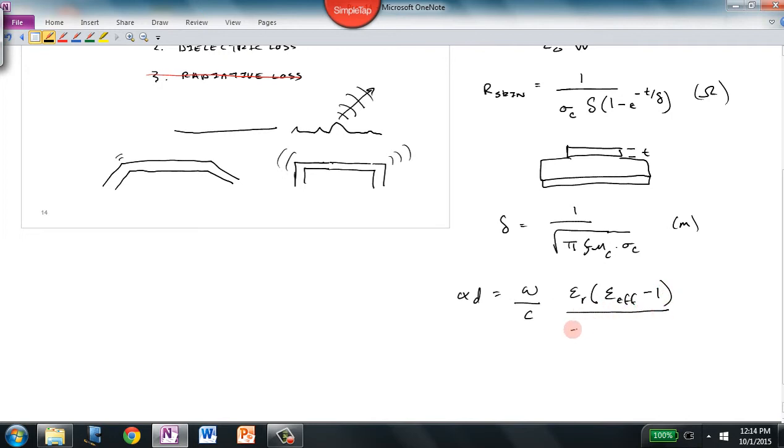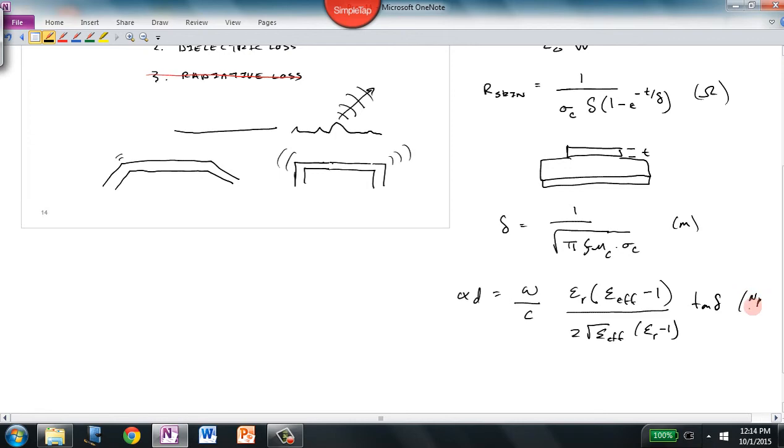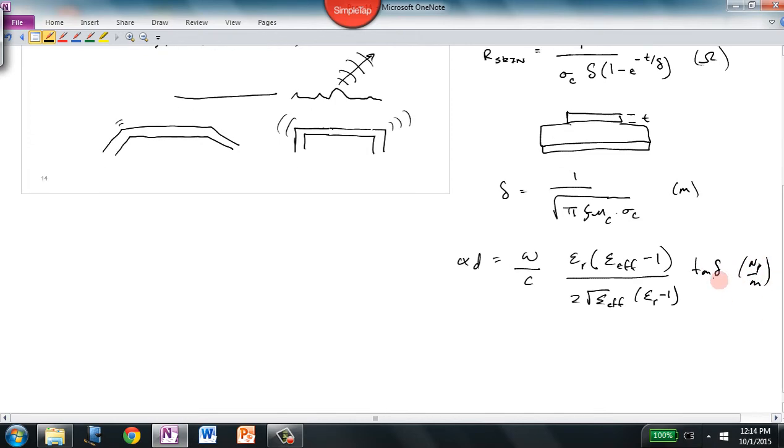Divide that by 2 times the square root of epsilon effective times epsilon relative minus 1, and that whole thing gets multiplied by something called tan delta, in Nepers per meter. And this tan delta is that loss tangent that I showed you at the very beginning of the lecture today.